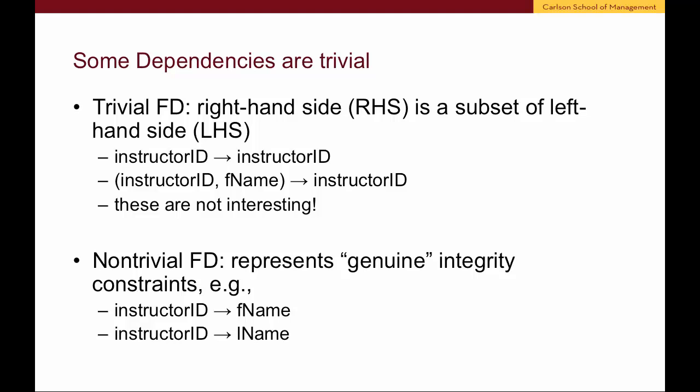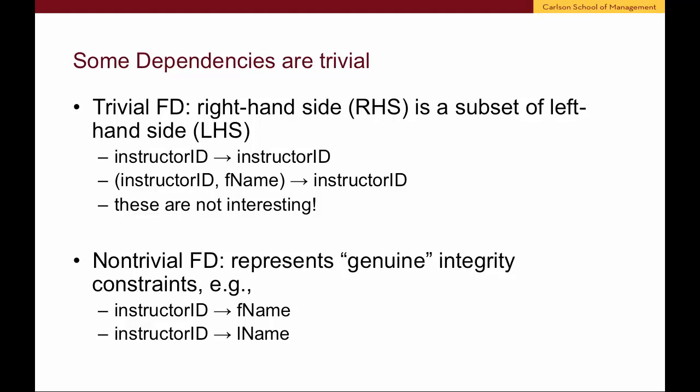Now there are a couple of types of functional dependencies. The first one is what I'll call a trivial functional dependency, and this is where the right-hand side of the functional dependency is a subset of the left-hand side. And so in this case, instructor ID determines instructor ID. That's not very interesting.